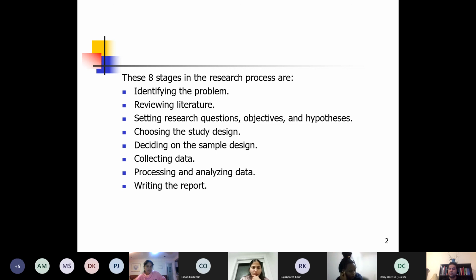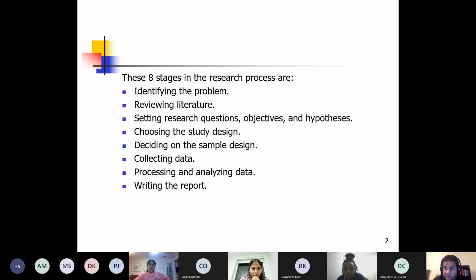In the questionnaires, we talked about closed-ended questions and open-ended questions, and in which way each one of them is useful for a particular function. Okay, in the interviews, we talked about the structured interviews, the semi-structured interviews, and the unstructured interviews. In the observation, we talked about the participant observation and the non-participant observation.